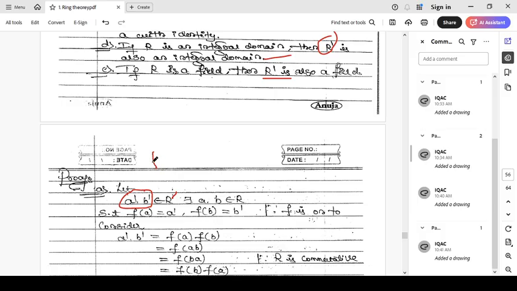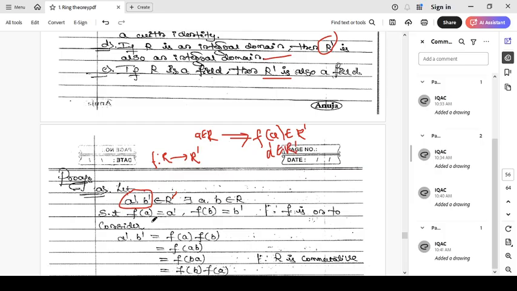Because f is a mapping from R to R'. So for every a belonging to R, this implies f(a) belongs to R', and I can rewrite f(a) as a', so a' belongs to R'.